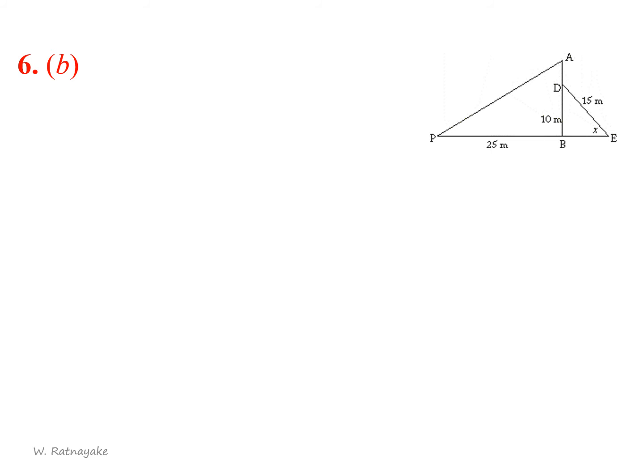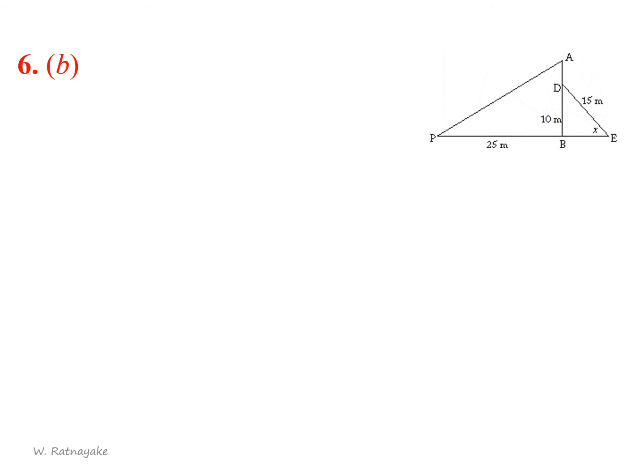Now in our diagram, the point 10 meters above the foot of the tower is D, and the point opposite to P is E, and the triangle is DBE, that is also a right angle triangle.